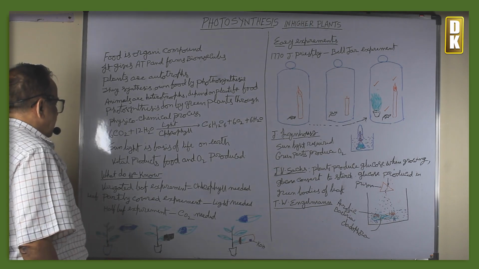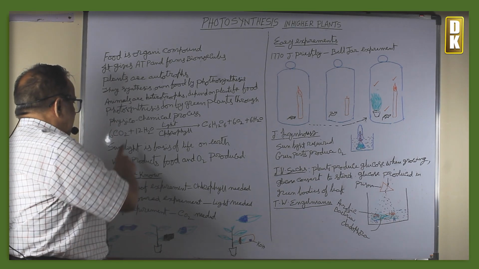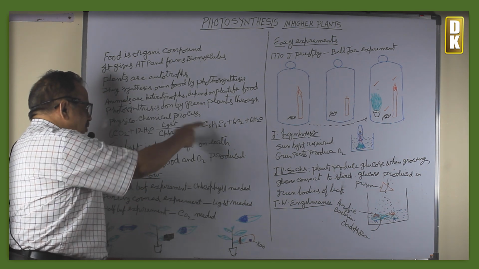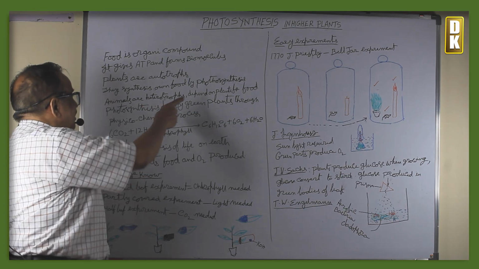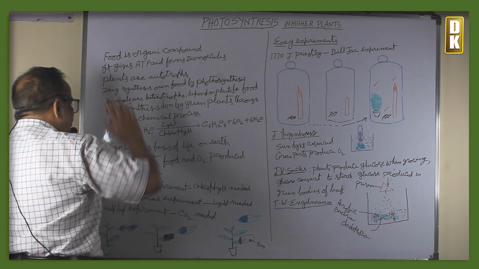So finally what we want to conclude is that without sunlight energy, this process cannot be done. Sunlight energy only is converted to the food material as a physicochemical process.